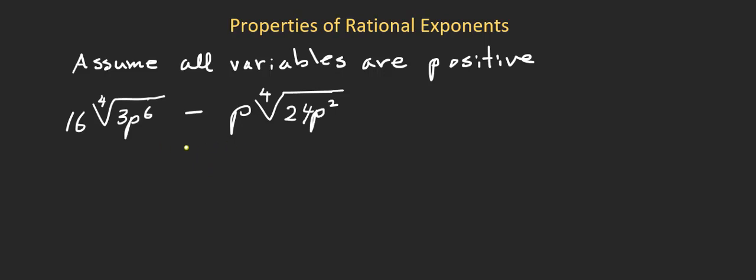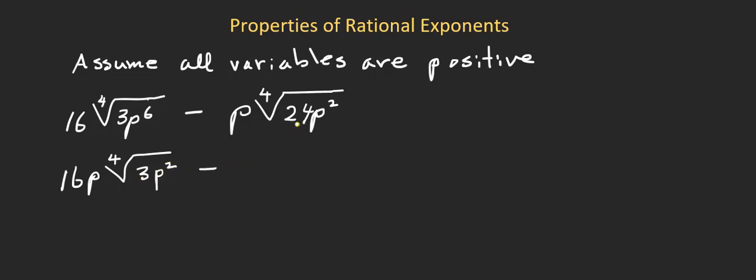So for this example, we have the same index, but we have a different radicand. So we need to make it so that these two have the same radicand, and then we could subtract. You have p to the 6, so p could come out. When p comes out, you have a 3p squared inside the radical.